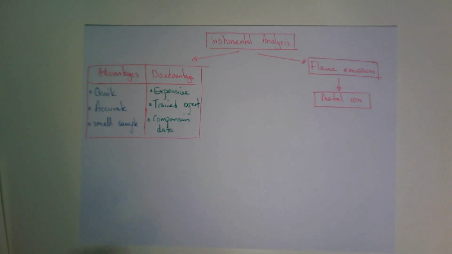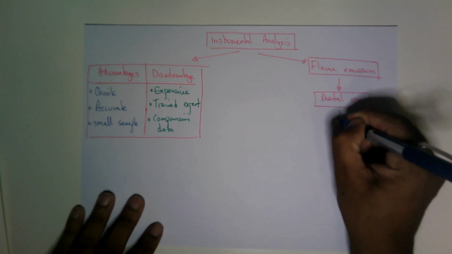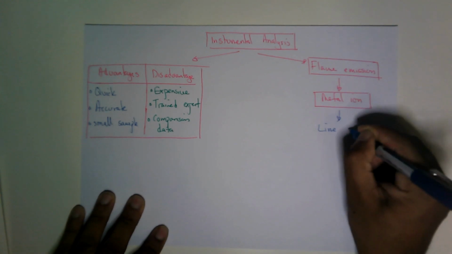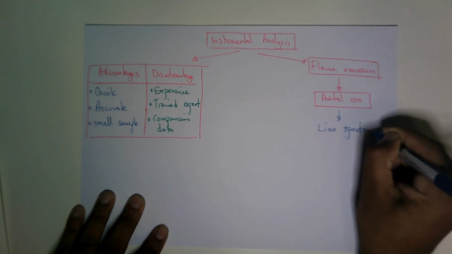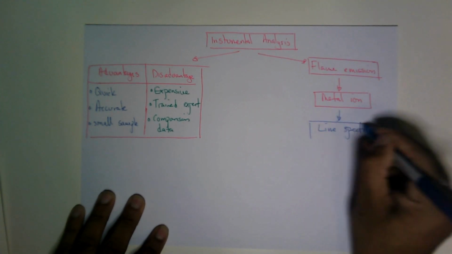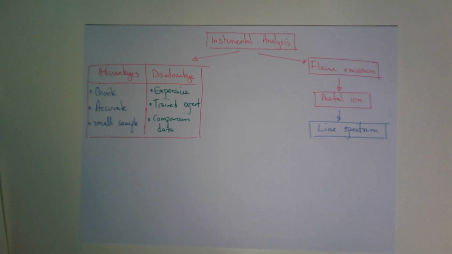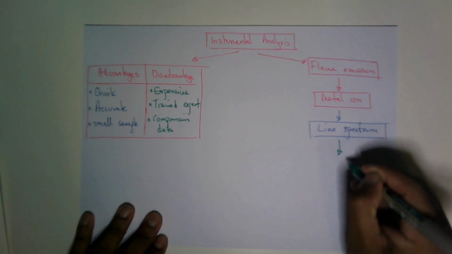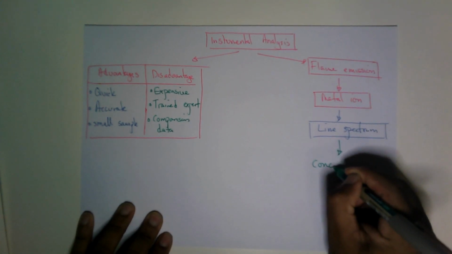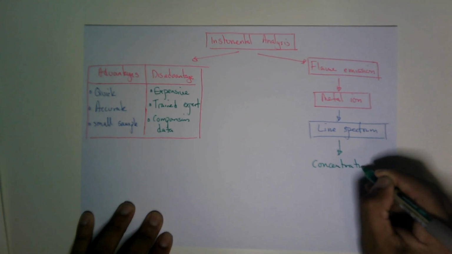We call that a line spectrum. That line spectrum is specific to the metal that you are looking at. So they're all basically a blueprint of the data, and you can just compare it with the known data to identify the metal ion.